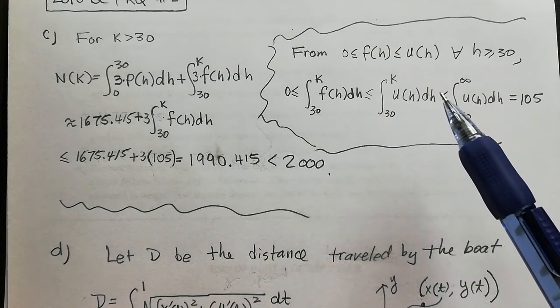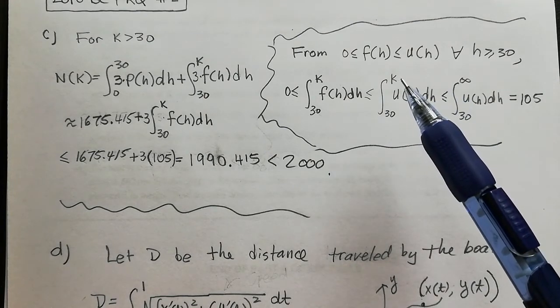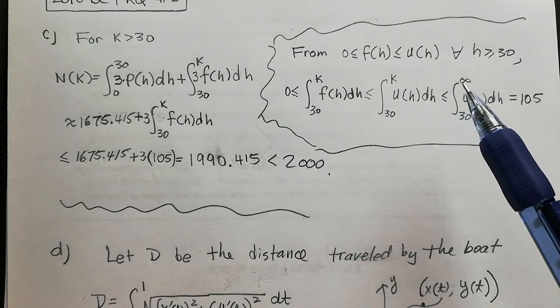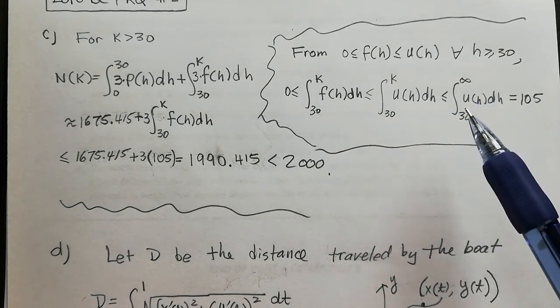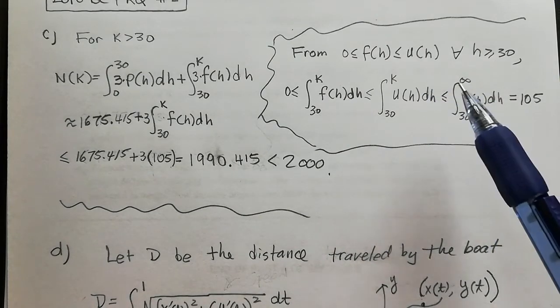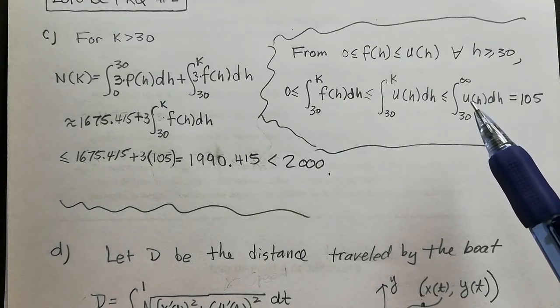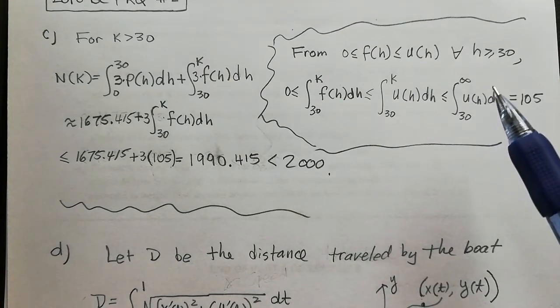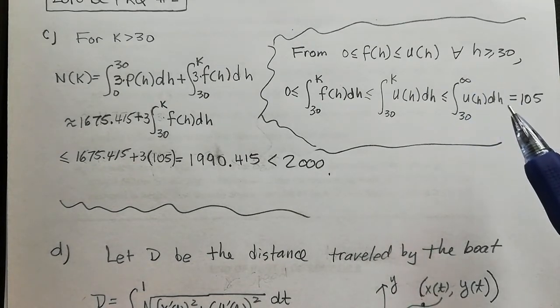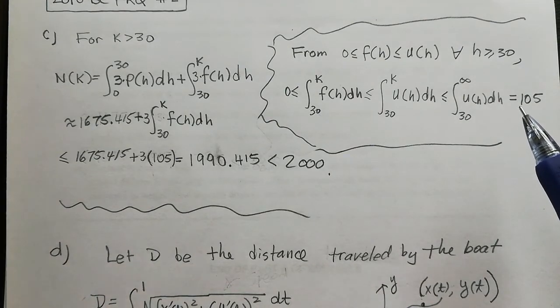One more step is that since k is a finite number, this integral is less than the one to infinity, because k is less than infinity and U is positive. This integral equals 105 as given.